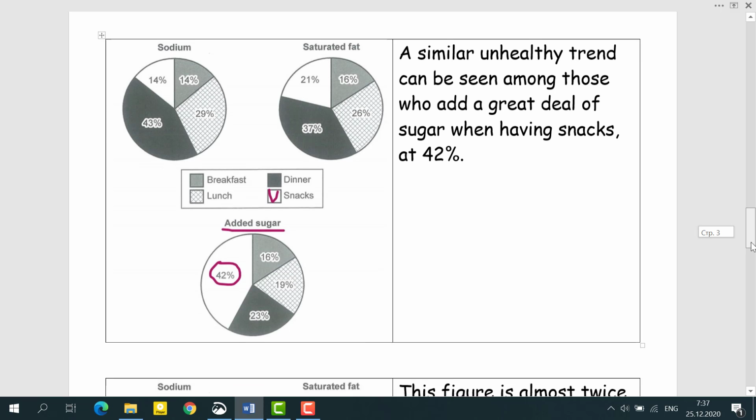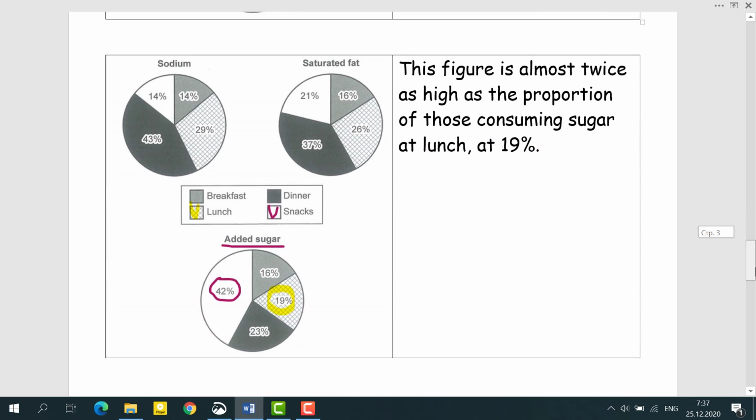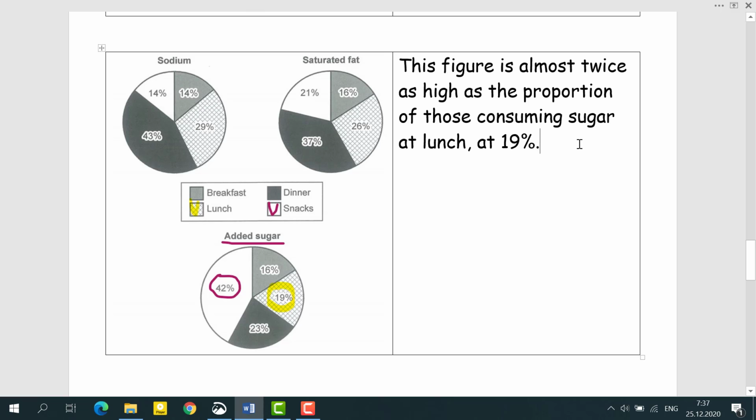Okay, let's move on. This figure is almost twice as high as the proportion of those consuming sugar at lunch, at 19%. So this figure, we know what kind of figure we're talking about, this percentage.